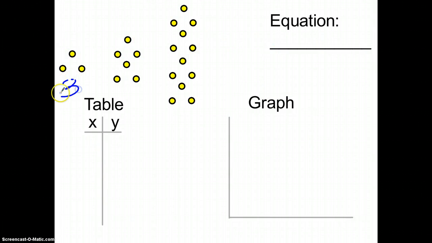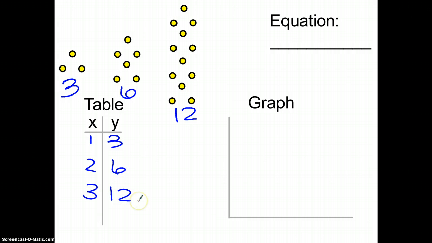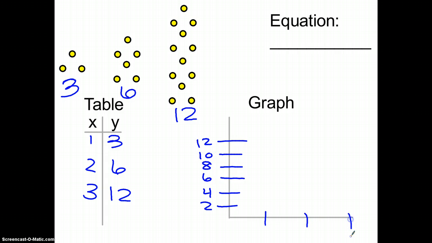Here we've got 3, then there's 6, then there's 12. So there's 1, 2, 3, 3, 6, 12, 2, 4, 6, 8, 10, 12. And then 1, 2, 3.